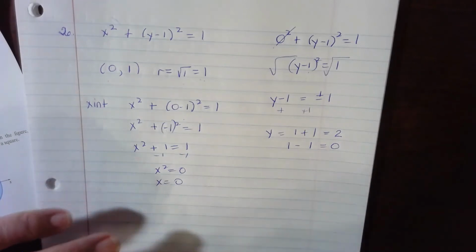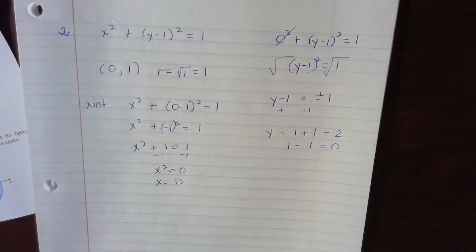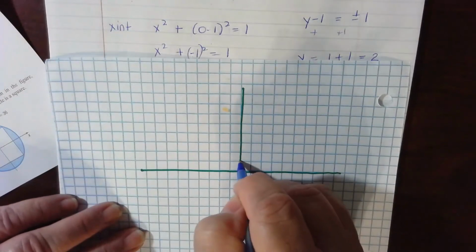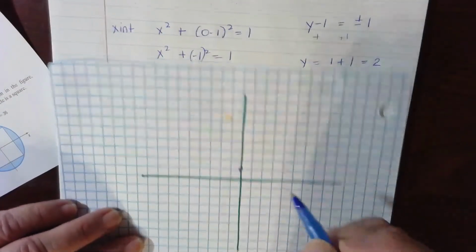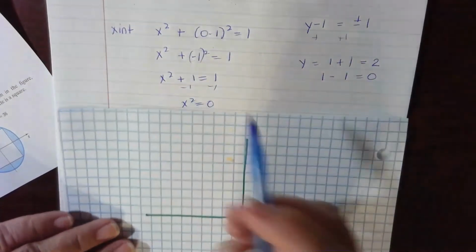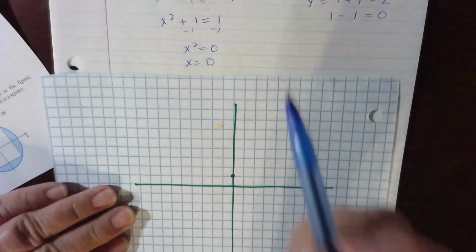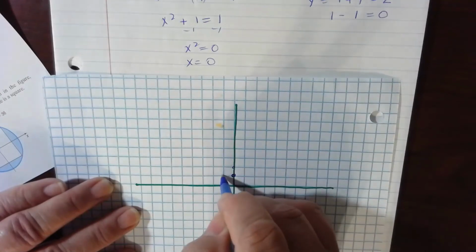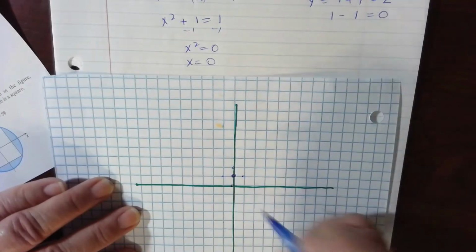Alright, so let me see if I can find a piece of graph paper. Here's one. Let me show you what that's going to look like. The center is 0, 1, and it's a radius of 1. So it's going to go 1 here, 1 here, 1 here, and 1 here.